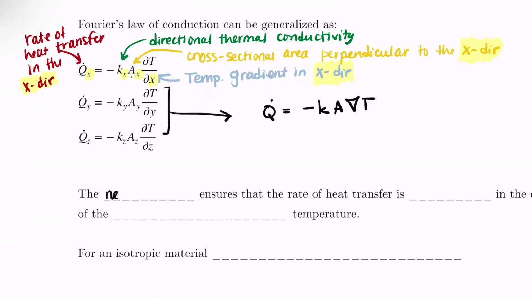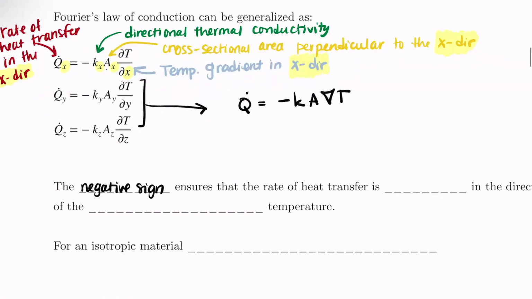So the negative sign ensures that the rate of heat transfer is positive in the direction of decreasing temperature. So this ensures that our equation says that heat is going from hot to cold, not the other way around.